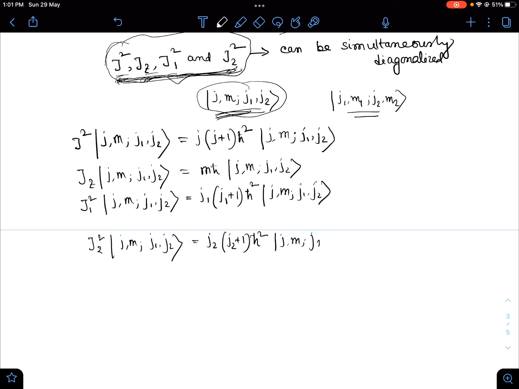So these are the eigenvalues for these four operators when they act on this vector.